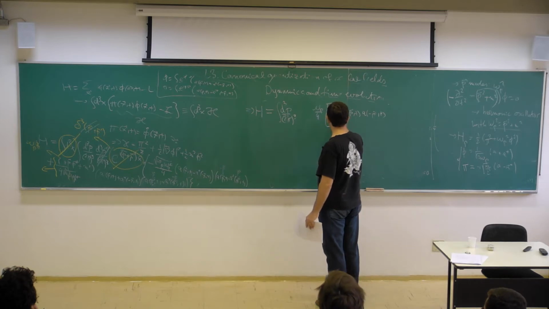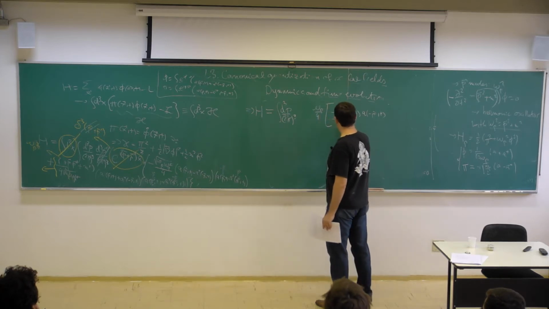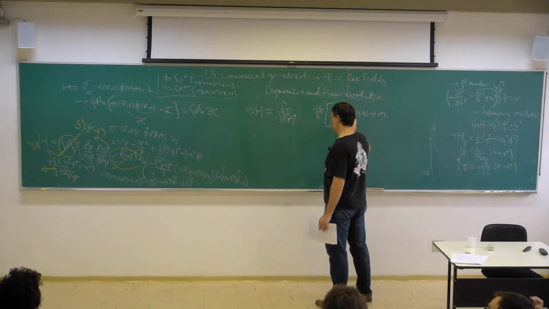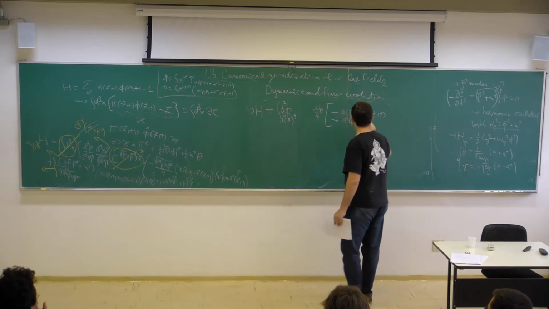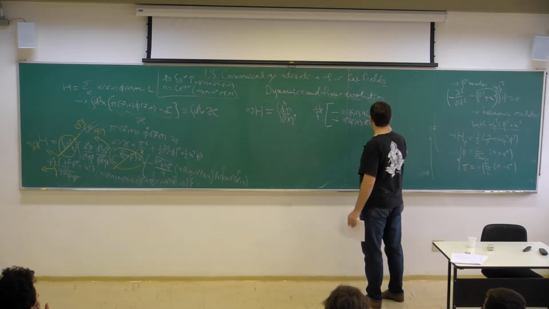Let me write first the terms that should cancel. So plus minus a dagger of p t, a dagger of minus p t.